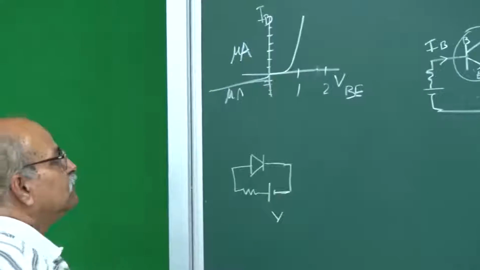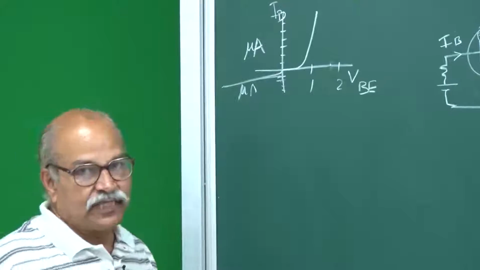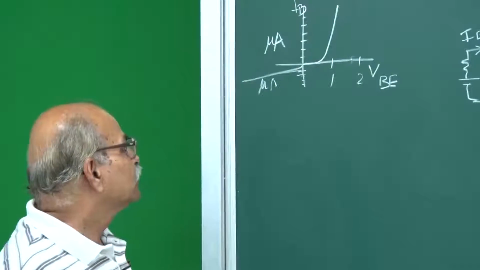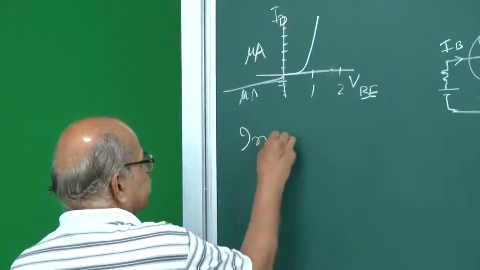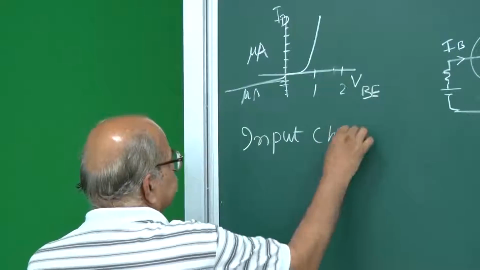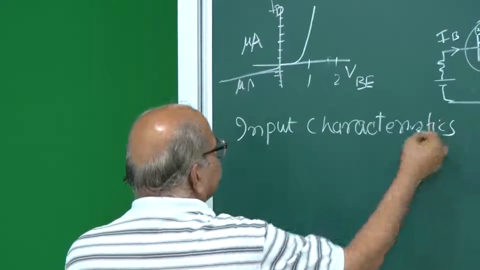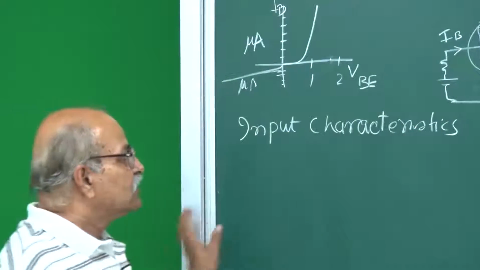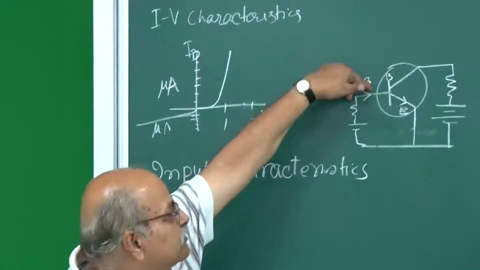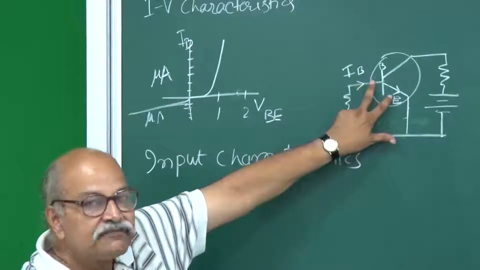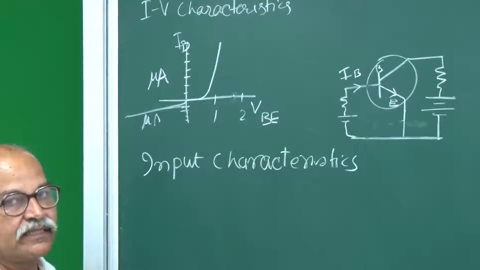If it is silicon, 0.6 or 0.7 volt is that barrier, and it cannot exceed that. So this is the kind of characteristic. This is known as the input characteristic, because this whole side is called the input side, and IB is the current on the input side, VBE is the potential difference on this input side.